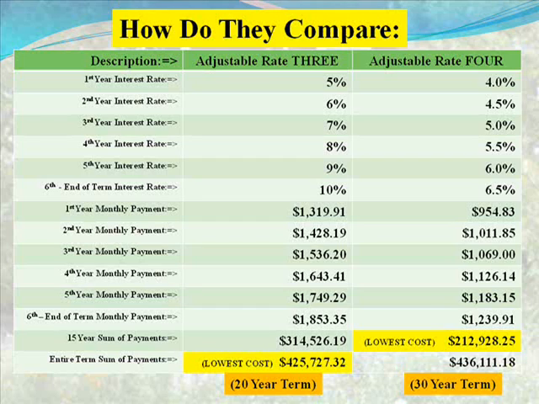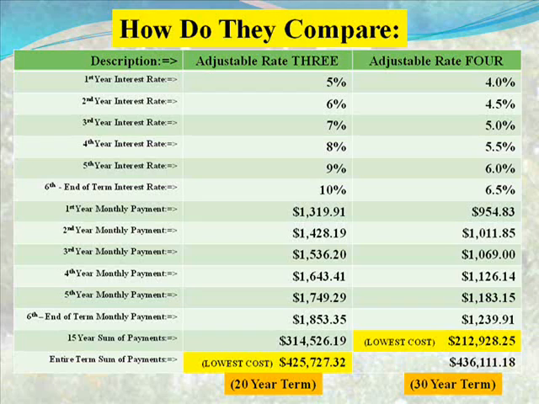And the 20-year sum of all payments is $425,727.32. And in this case, it's the lowest cost in terms of total payments between the two loans.